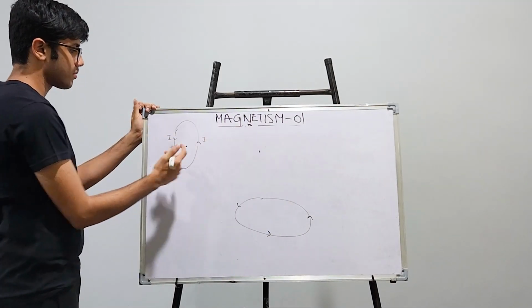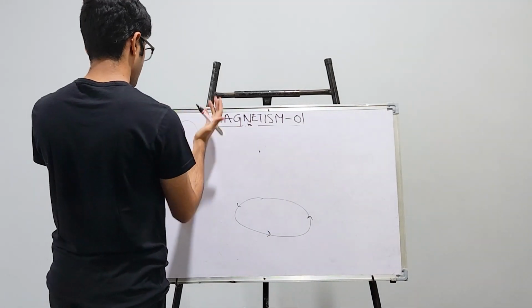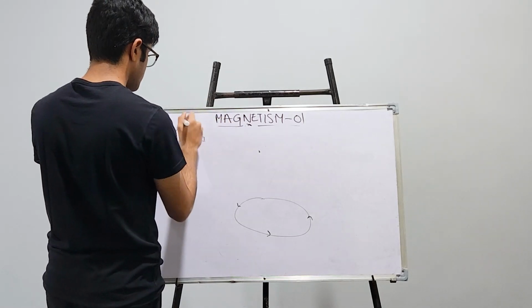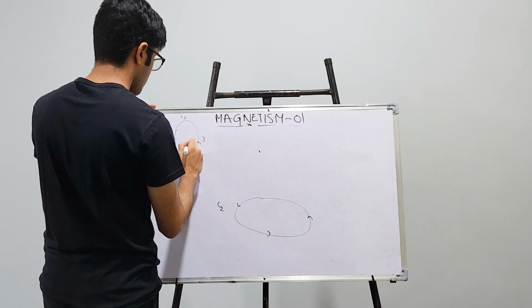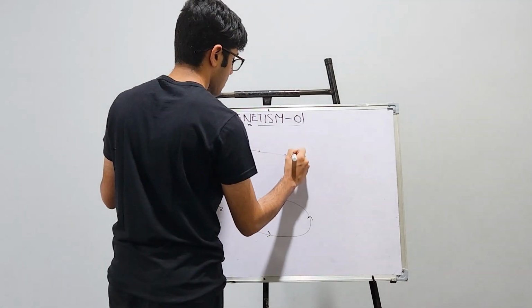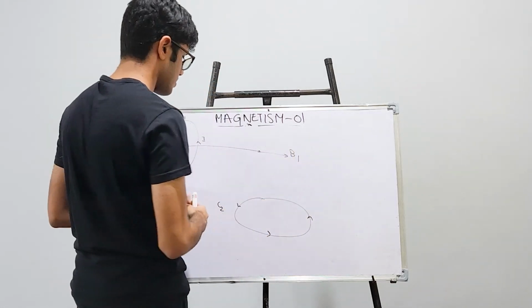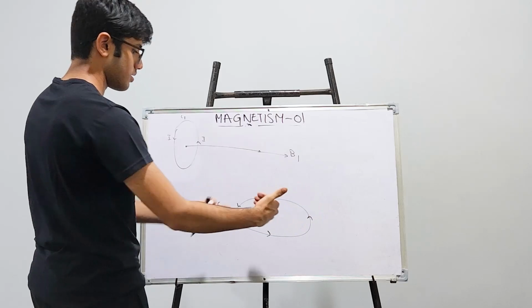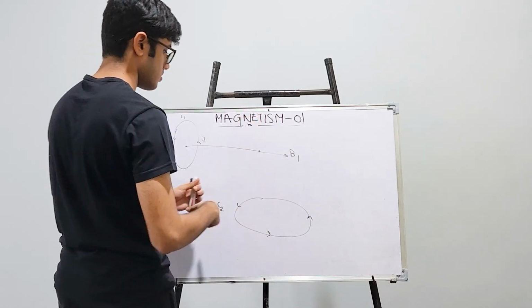Again, viewing it from here, current going in this direction, magnetic field going like this. Due to this coil C1, and this is C2. Due to this, the magnetic field would be in this direction, B1, and due to this, upwards. See, fingers going in the direction of current, upwards.